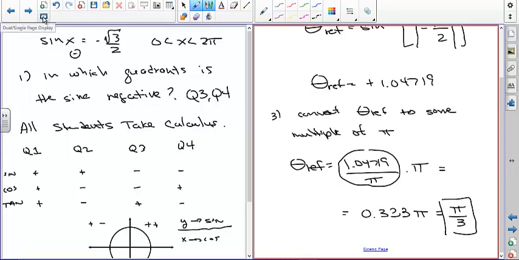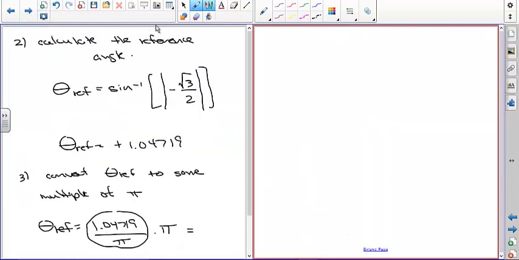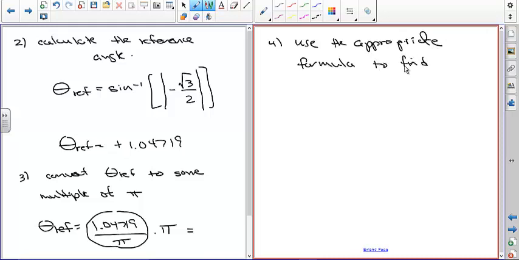And then the last step here is you use the three formulas. So use the appropriate formula to find theta, or x.